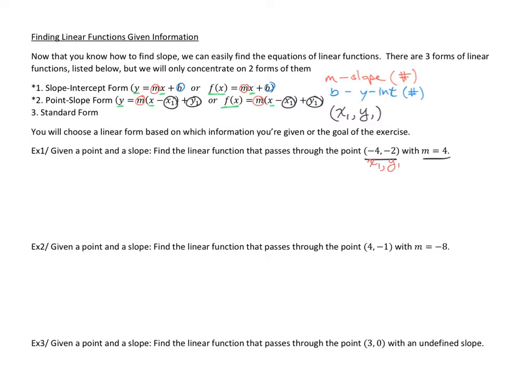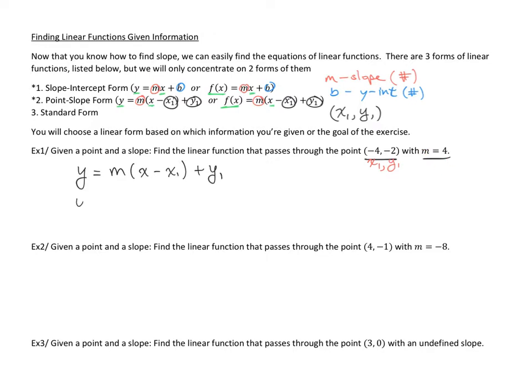So I'm going to write down the point slope form, and you can either use y or f of x. Either one is fine. I tend to use y for linear functions, so I'm going to write down y equals m times x minus x1 plus y1. So now all I have to do is substitute these numbers in. You look over here, m is 4.